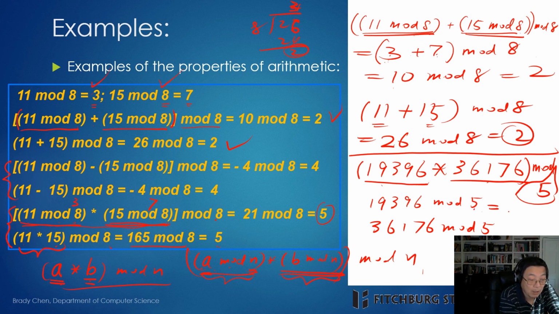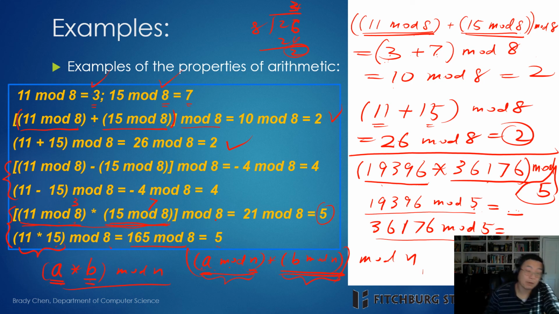The remainder should be somewhere between 0 and 4, right? And then we divide 36,176 by 5, and we get a remainder, right? These two remainders are very small, and this division is relatively small, right?